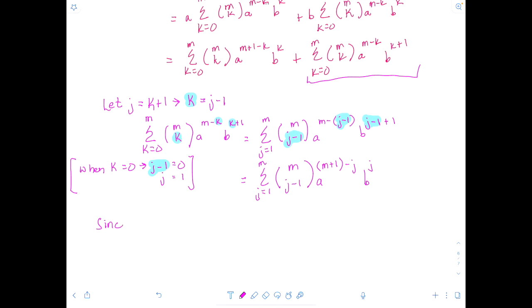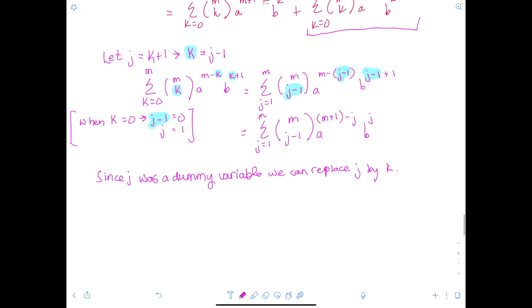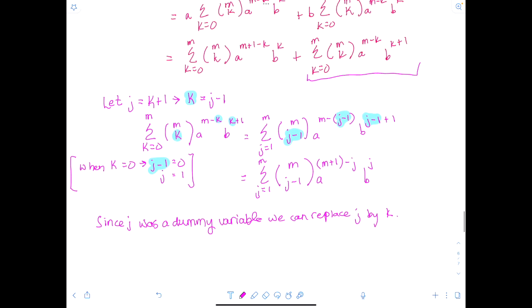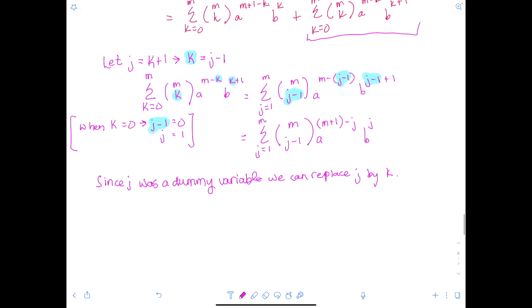So since j was a dummy variable, we can replace j by k.